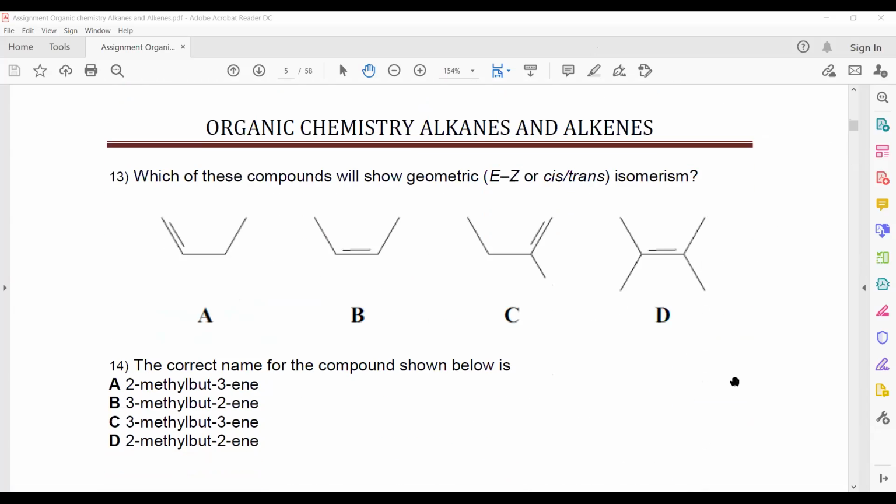Question 13. Which of these compounds will show geometrical E, Z or cis-trans isomerism? What's the answer?